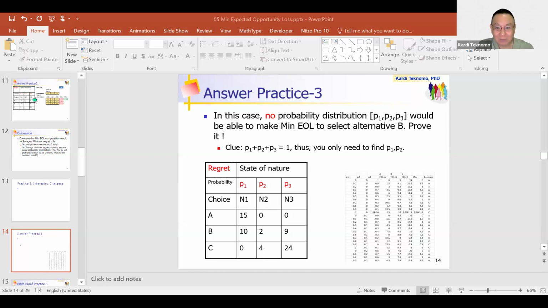Prove it. If you prove it using Excel, you can use a data table.